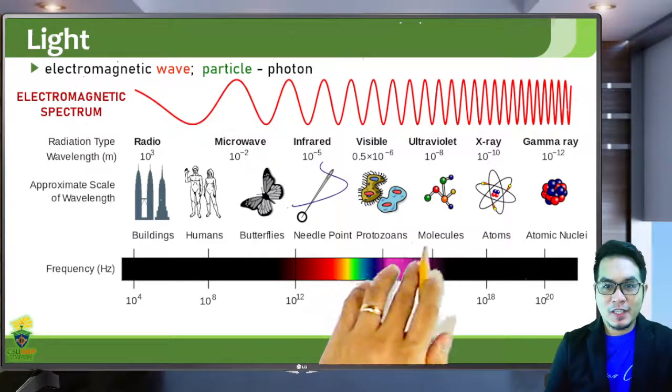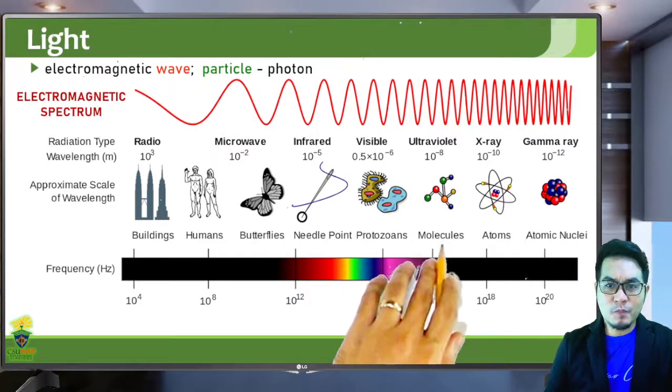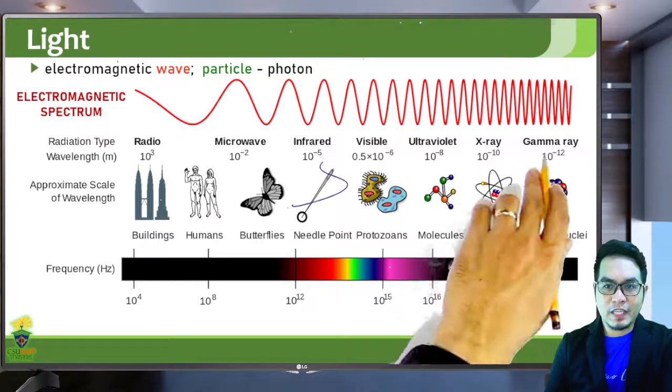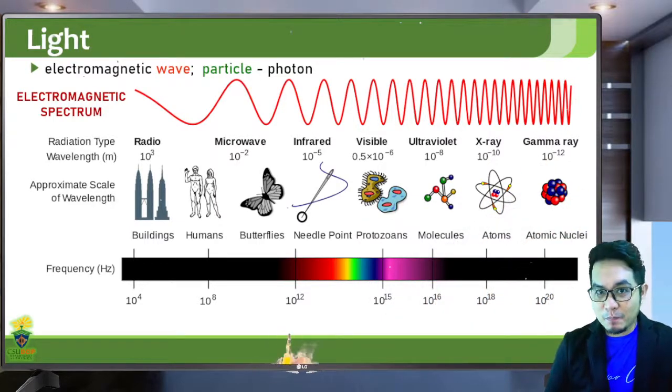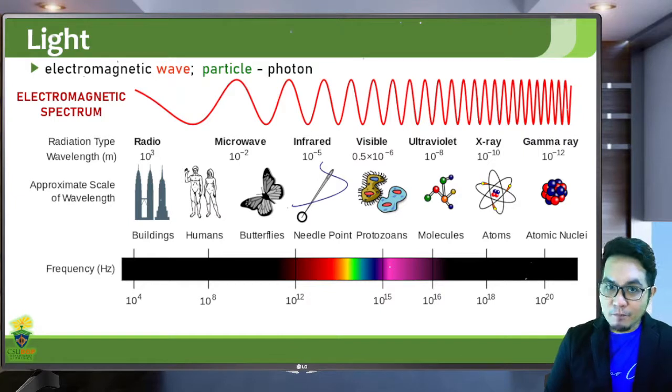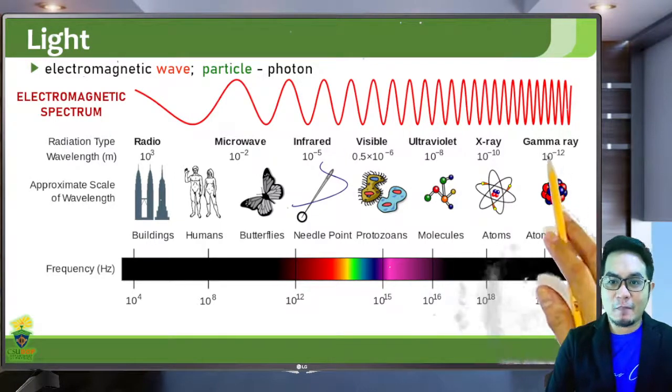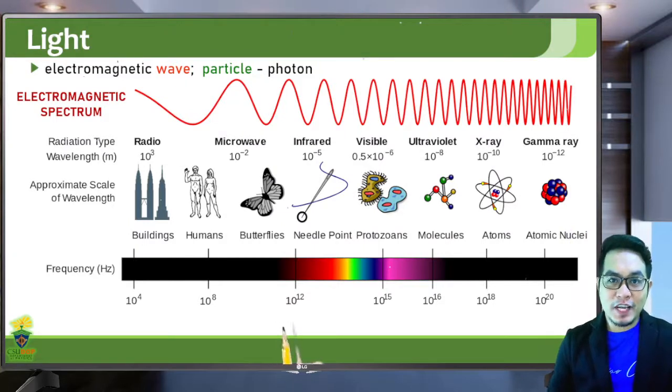UV light wavelengths are comparable to molecules, and the wavelength of gamma rays is comparable to the size of atoms or the nucleus of atoms. Going to the right, wavelength decreases but energy increases. So the gamma rays are the most energetic forms of light.